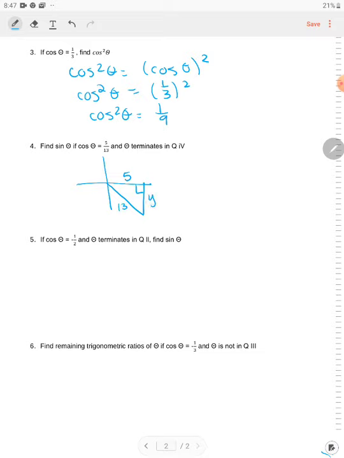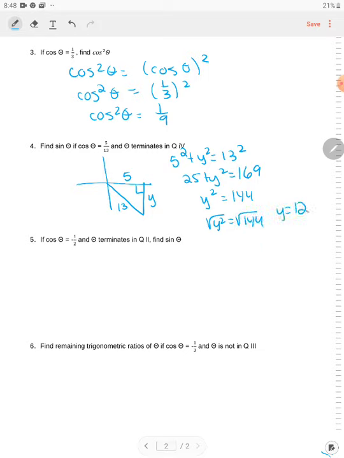So if I find y, we have 5 squared plus y squared equals r squared. So 25 plus y squared equals 169. Y squared is equal to 144. Square root both sides. So y is equal to 12.